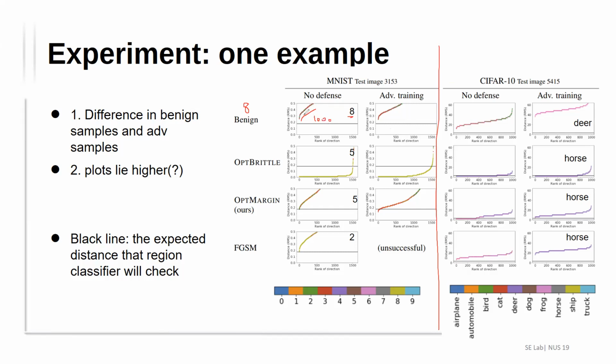For each dot, the y-axis means the distance in that direction, and the color of the dot means the adjacent class. After they get all the distances and colors, they sort the results and place them in the plot.